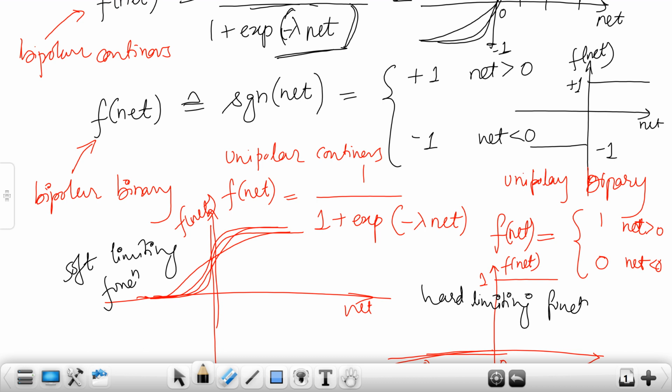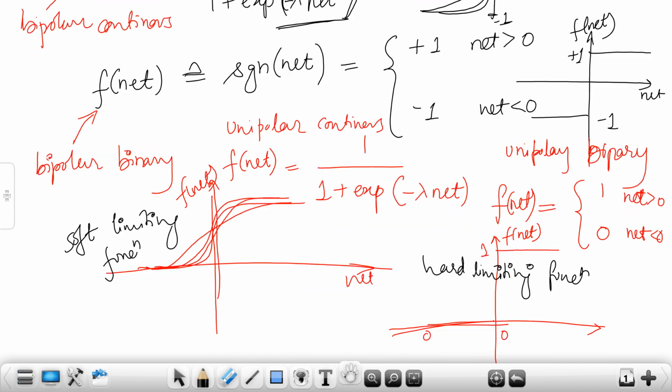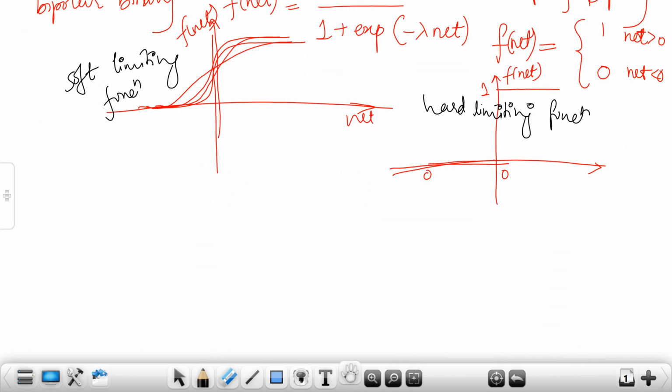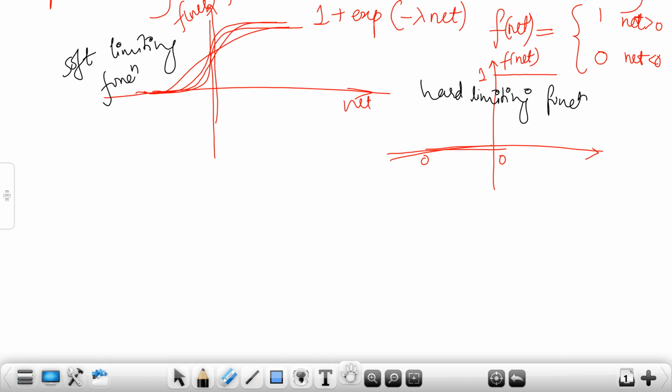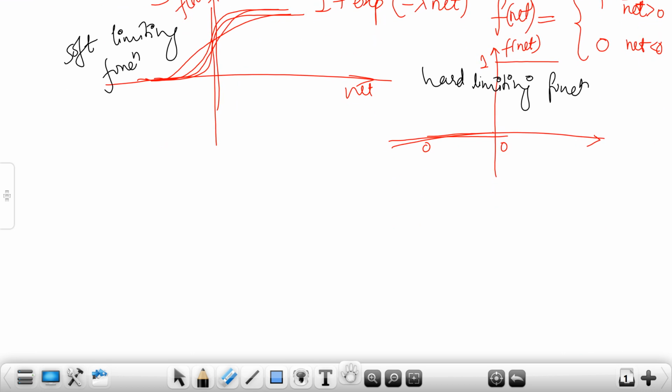Now, any activation function which is monotonically increasing, like this continuous function, with a continuous net which belongs to R, can be used in a neural model. What does that mean? If f of net belongs between -1 and 1, it can be used for a neural model.